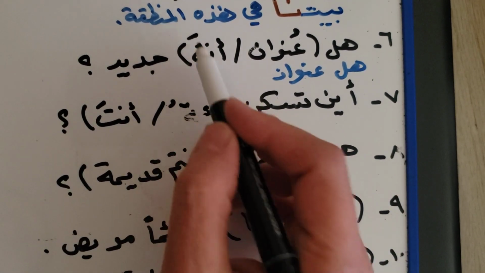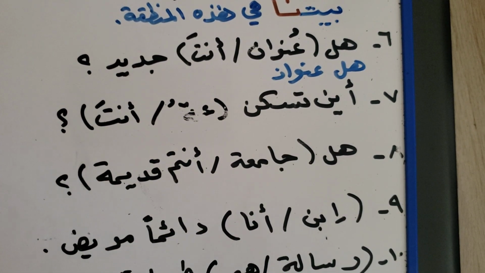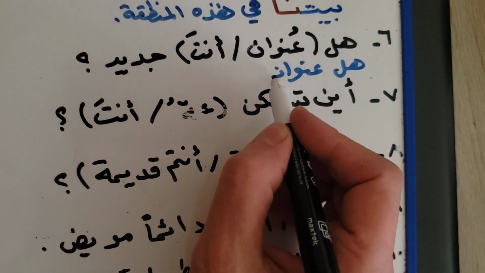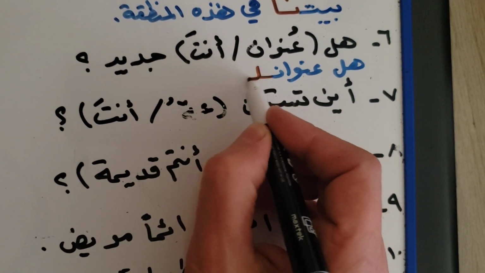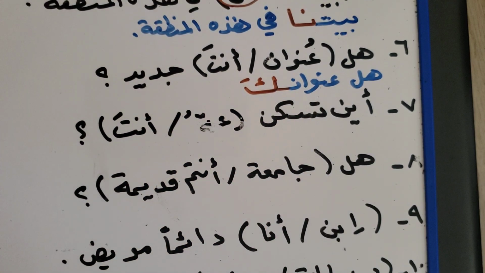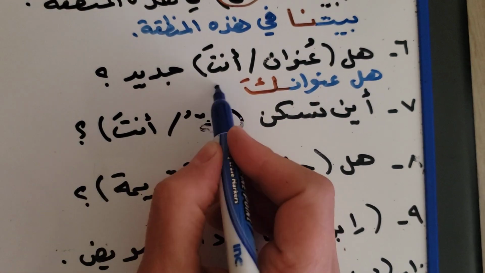And what is the possessive pronoun for أنت? Yes, for the singular masculine you, it is كاف. Okay. هل عنوانك جديد? Is your address new?